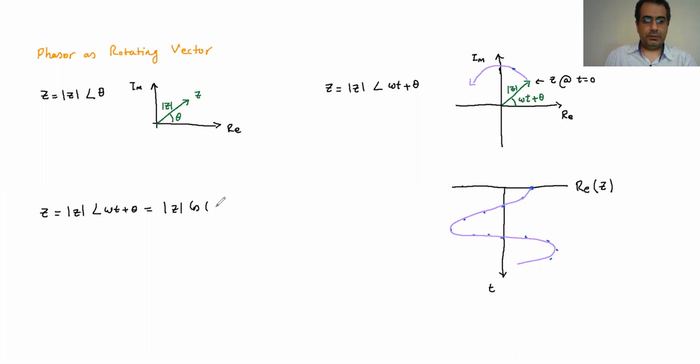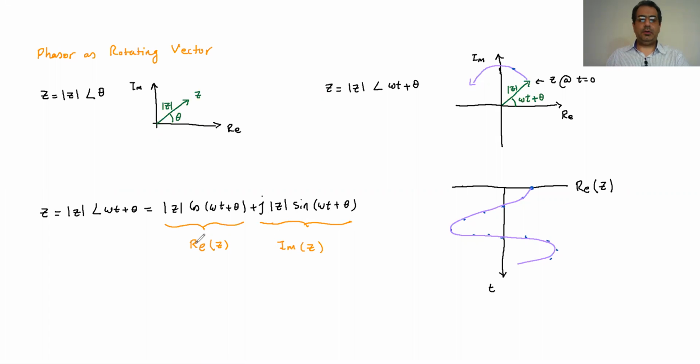It has the omega t in it. So it's going to be z cosine omega t plus theta, plus j z sine omega t plus theta. From the complex number, we know that this part is the real value of the z, the real of the z, and this part is the imaginary part of the z. And then it's got the complex number.